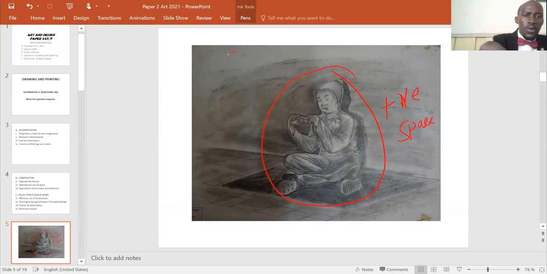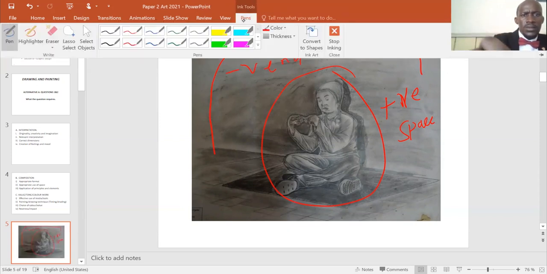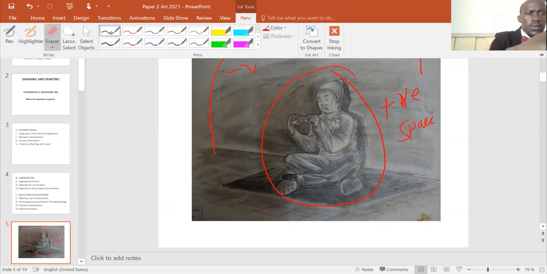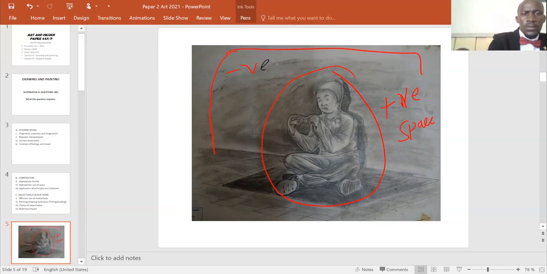The area where we do not have any art forms or elements occupying becomes what we call the negative space.